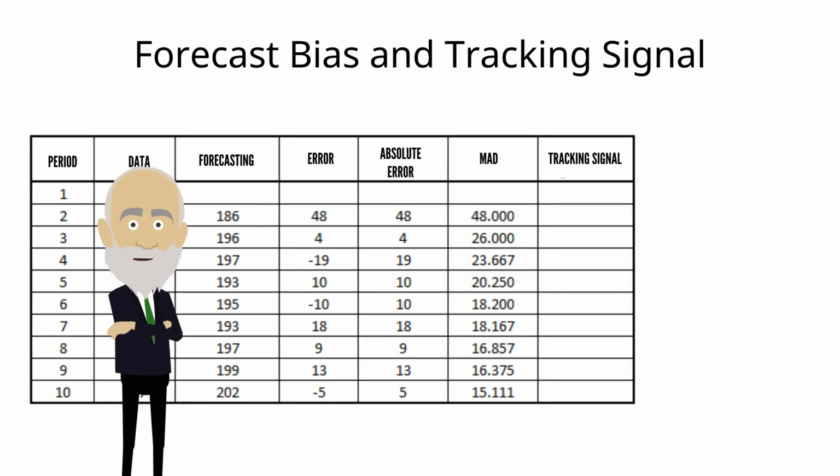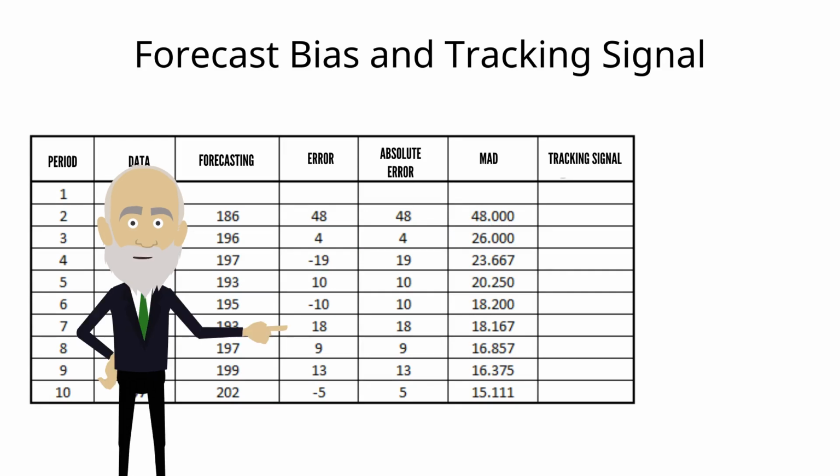In the next row, the value of 26 represents the average of the two absolute errors we have until this period. And so on. For instance, in period 6 the value 18.2 can be obtained as the average of the 5 values up to and including period 6.